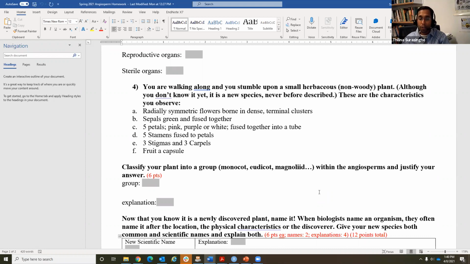Sometimes it's attached throughout the filament, or throughout the stalk-like part, sometimes partly. It could be any of those ways. So it's not connected to the bottom, it's fused lengthwise to the petal. That's how I would do that. I know it's a little challenging, there's some creativity. That kind of creativity is part of science.